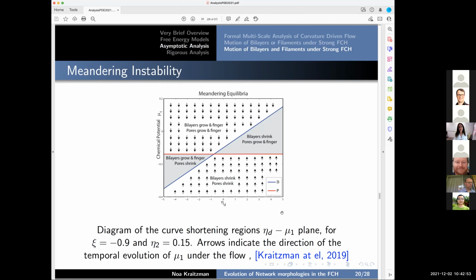So we get a region where both will shrink, a region where both will grow, and then we have the two gray regions where one will shrink and the other will grow. Now these gray areas are invariant, and as we see in these settings, the functionalized Cahn-Hilliard does not support in general the coexistence of the two structures.